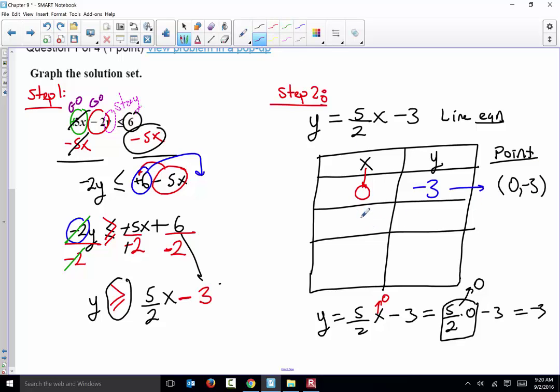Are we required to always choose from the x side? No, you can pick from the y side as well. Why don't you go for y this time? What value do you want to pick for y? What's the best value you can come up with for y?